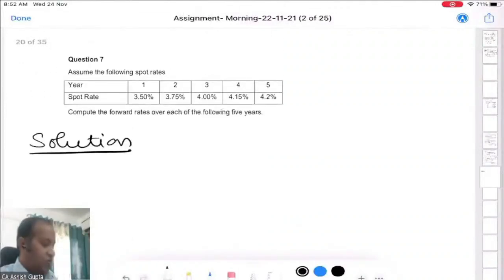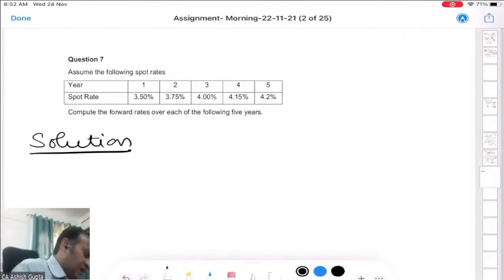The students, in this question just make a small correction. Assuming the following spot rates, these rates have been given to us. Compute the forward rate for each of the following, you just make the small correction, for 1 year.